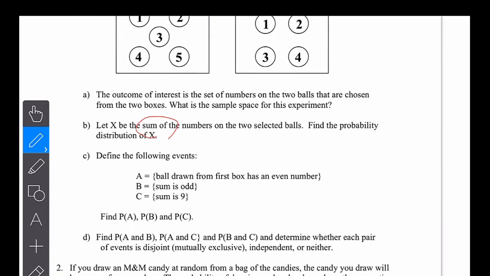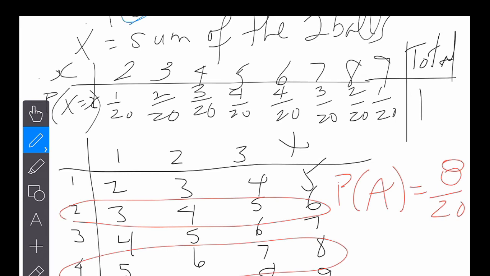B, event B is defined as the sum is odd. We'll use blue for that as above. The sum is odd here. The sum is odd here.